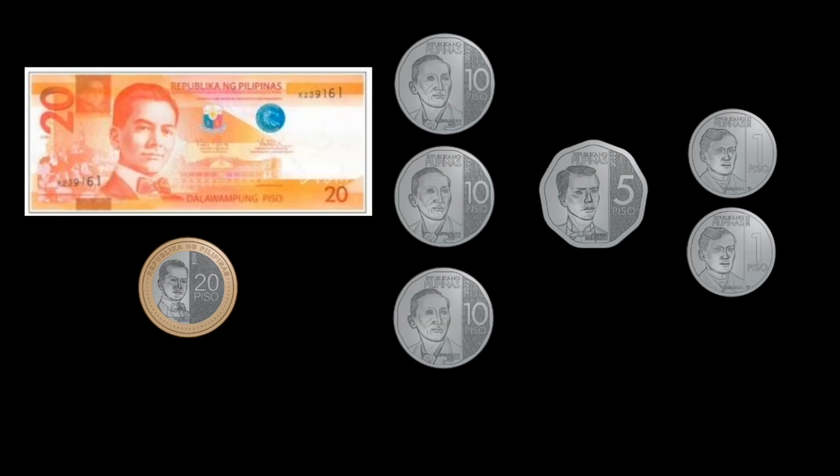For the first part, take note that the 20 peso bill and this 20 peso coin have the same value. They are both worth 20 pesos. How about these three 10 peso coins? Each coin is worth 10 pesos. Then we have one 5 peso coin and two 1 peso coins.